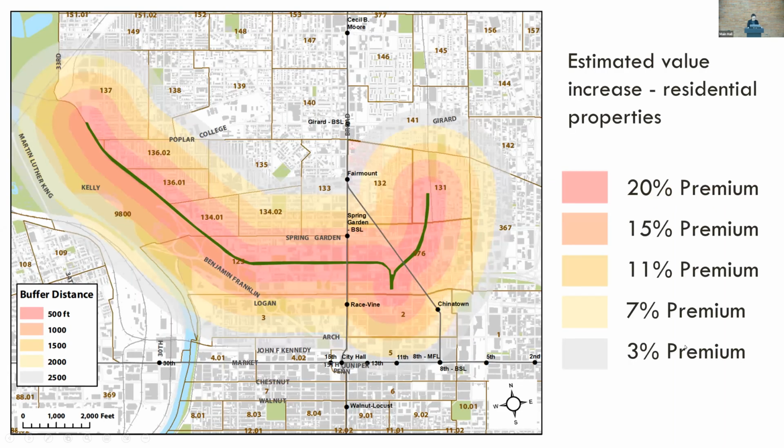Isaac Guan of Urban Partners shared his research on how the rail park in Philadelphia has had a similar impact on neighboring land. So you can see the red, 20% premium, all the way down to 3% premium, which are quite a few blocks away.